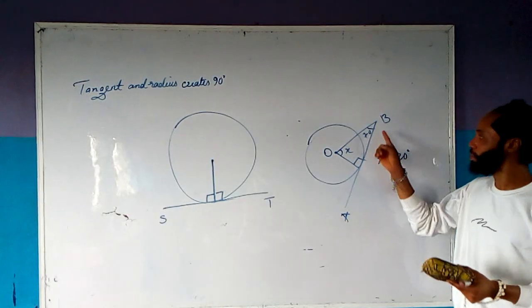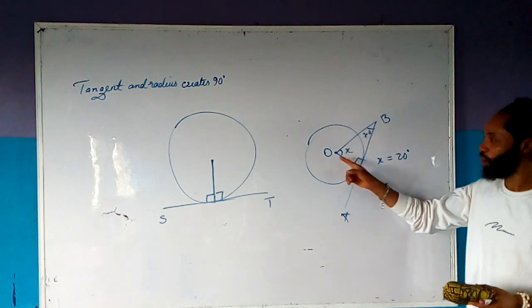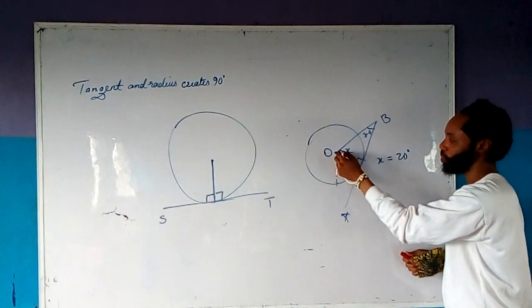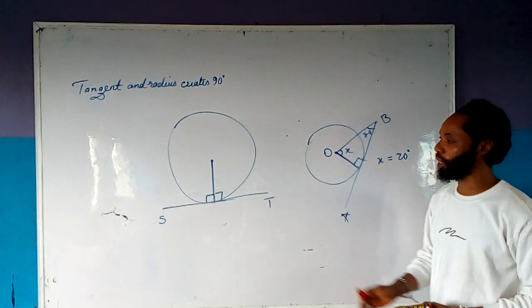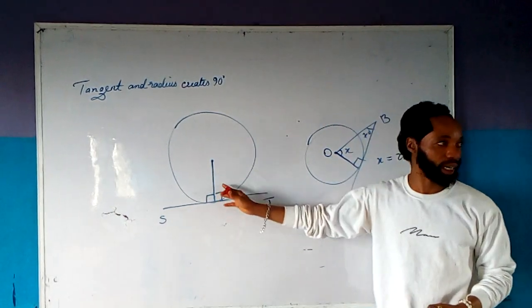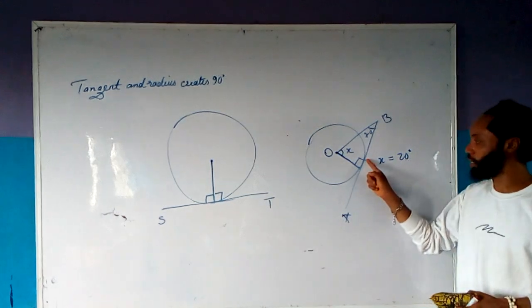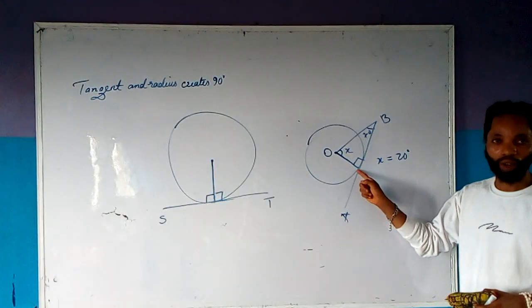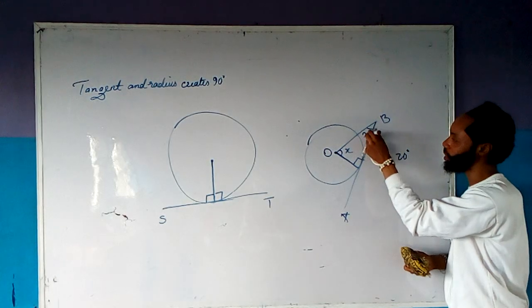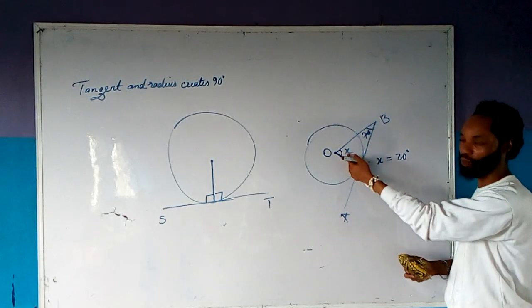Okay, where AB is a tangent line and O is the center, you can tell that this is a radius from the center to a point on the circumference. Knowing that the radius and tangent line meet at a 90 degree angle, this is going to give us 90 degrees. When we have this 90 degrees, and we're told that here is 70, how do we find X?